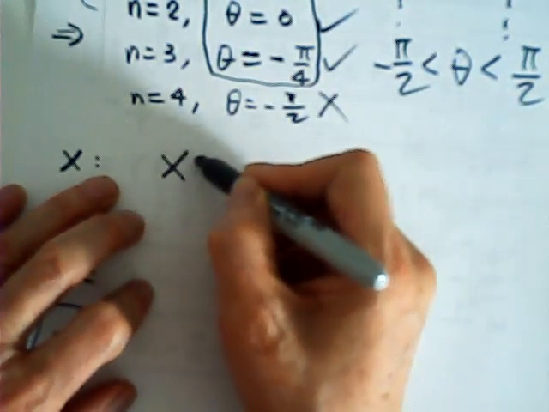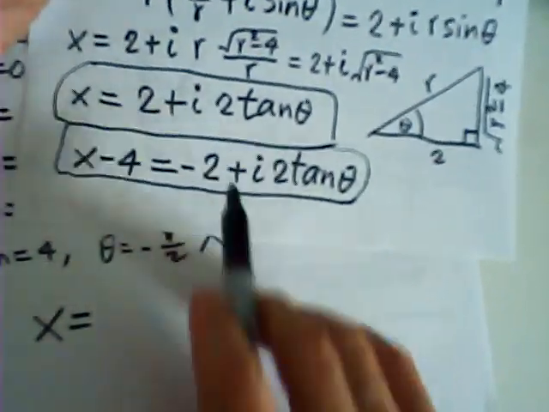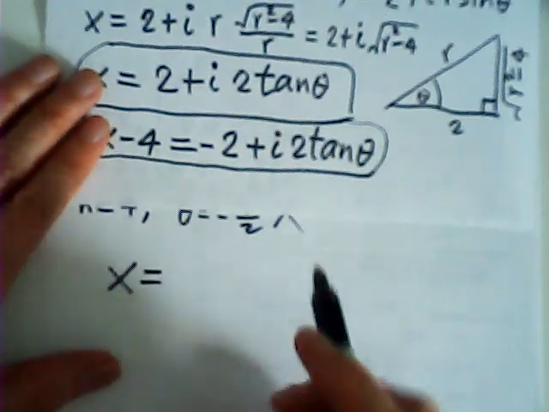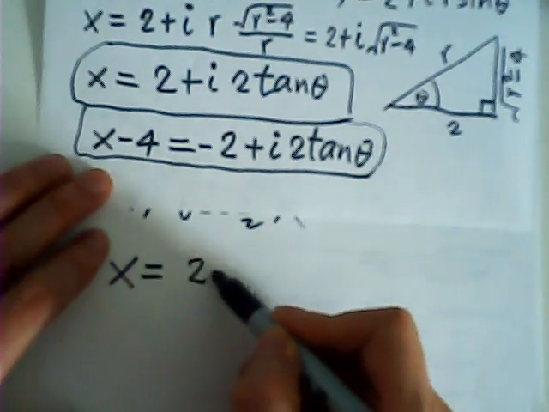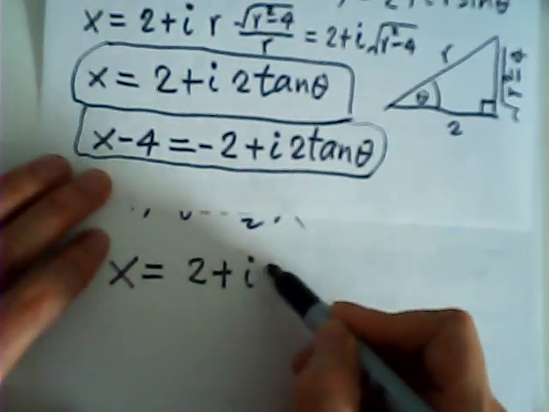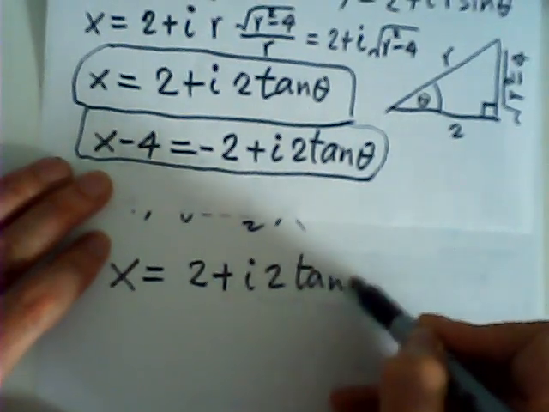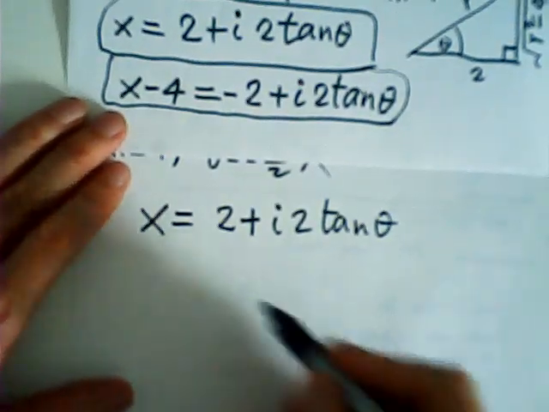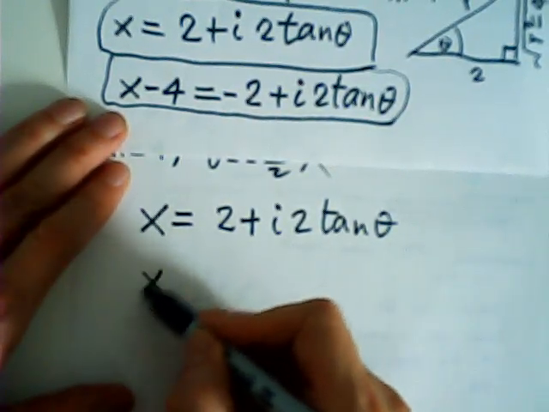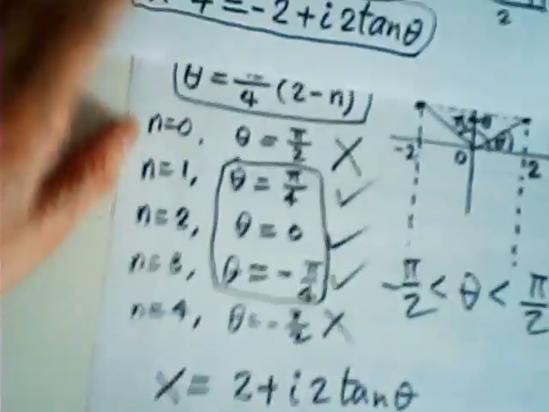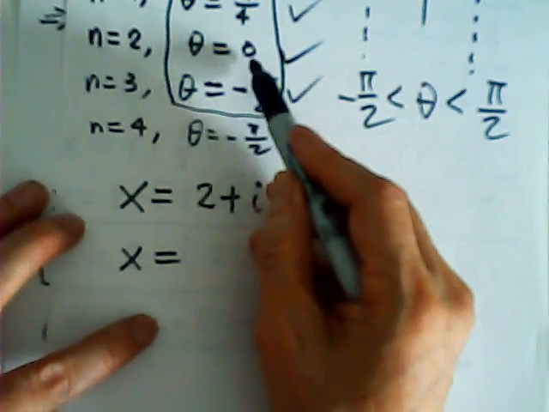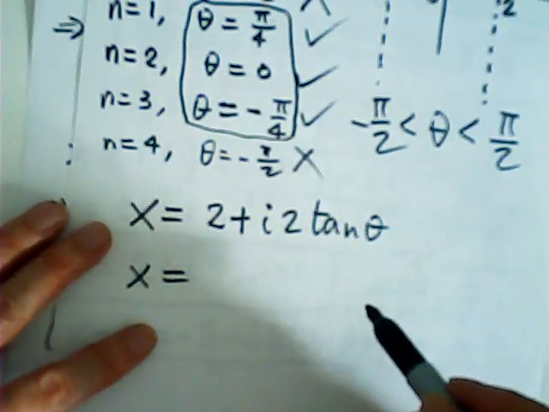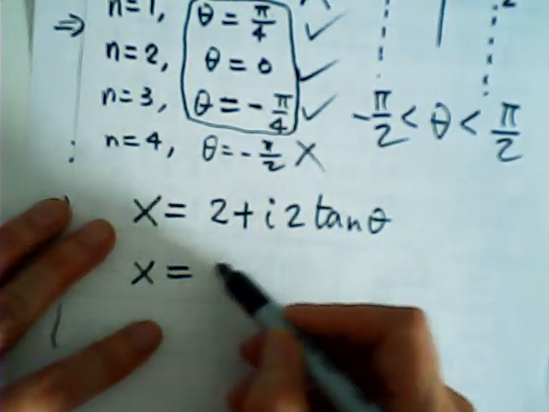So finally we have solutions. x is this: x is 2 plus i 2 tangent theta, right? Therefore, when theta equals 0, x is 2, right?